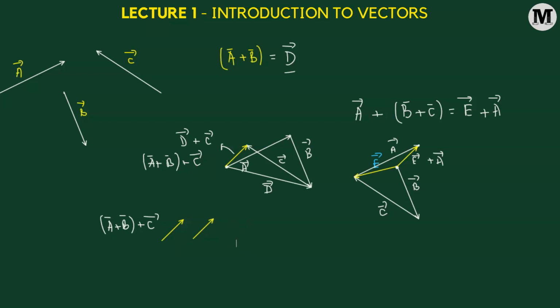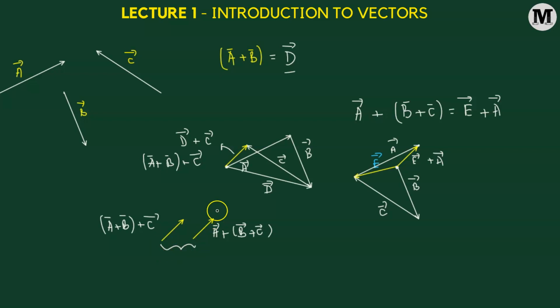So this is the vector which was obtained by adding vector A to the sum of the vectors B and C. Now, by eyeballing these two arrows, we can say that they have the same length and also the same direction.